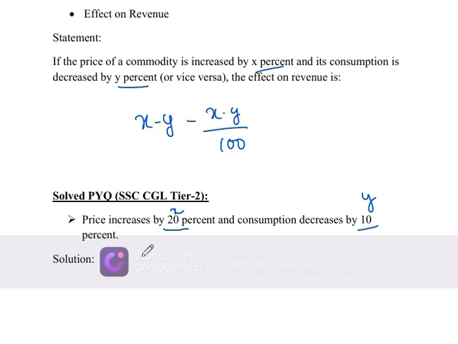For this you are going to apply this formula: 20 minus 10 minus 20 into 10 divided by 100. On solving this value you will get 10 minus 2, which is 8%. As the value is positive, the revenue will increase by 8%. I hope this is clear.